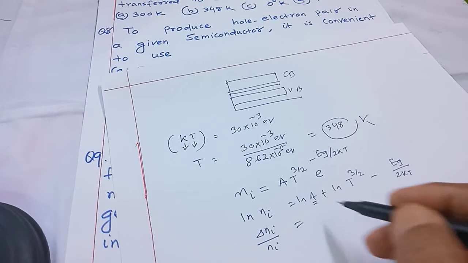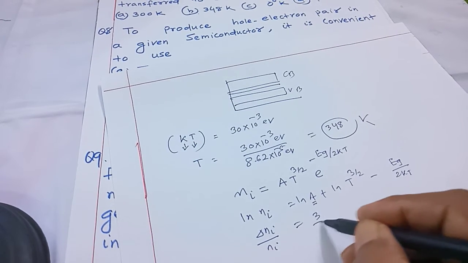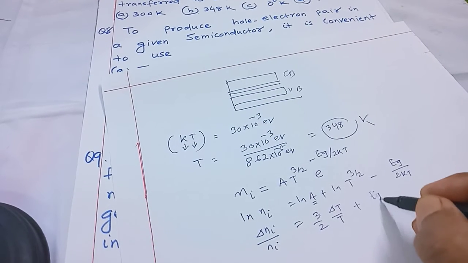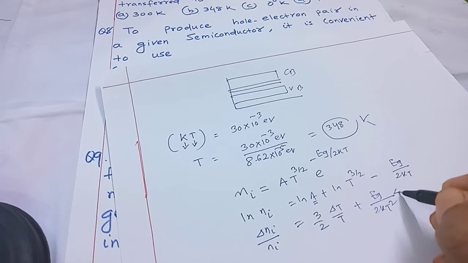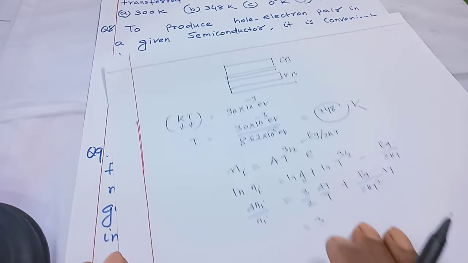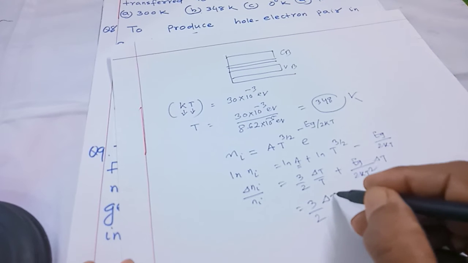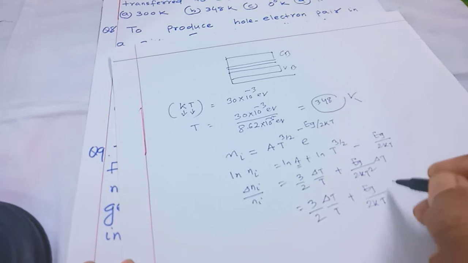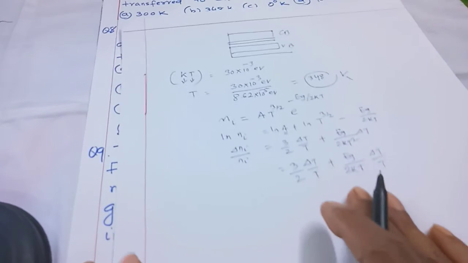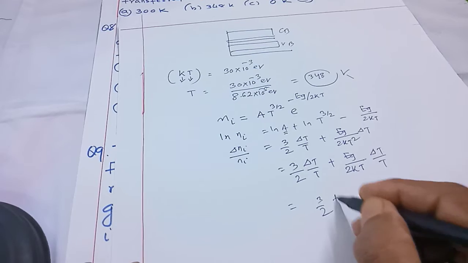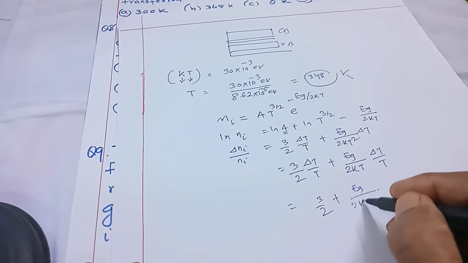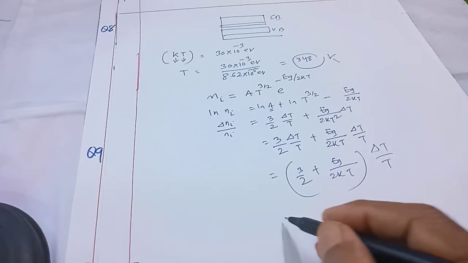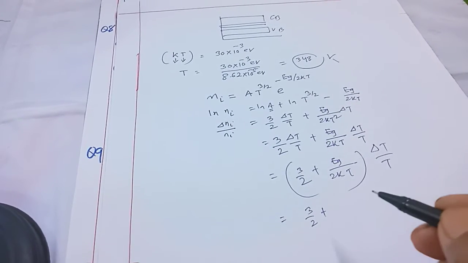This is a constant, its differential is 0, and this is 3 by 2 delta T by T, and this is equal to Eg by 2kT square delta T. So delta Ni by Ni equals 3 by 2 delta T by T plus Eg by 2kT times delta T by T.